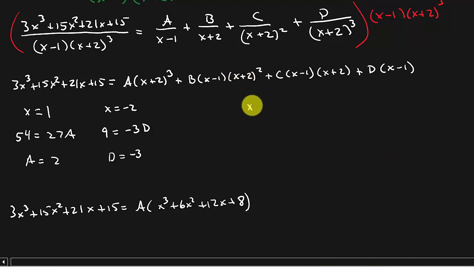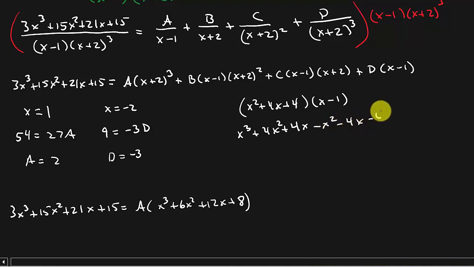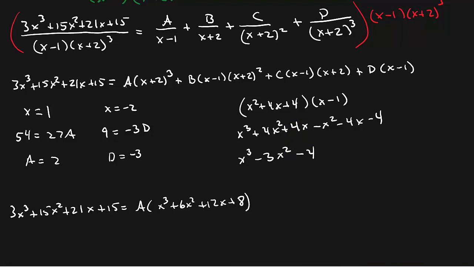When I FOIL this out, that's x squared plus 4x plus 4 times x minus 1. So that's going to be x cubed plus 4x squared plus 4x minus x squared minus 4x minus 4. And so that's x cubed minus 3x squared, and it looks like the 4x's go out, minus 4.